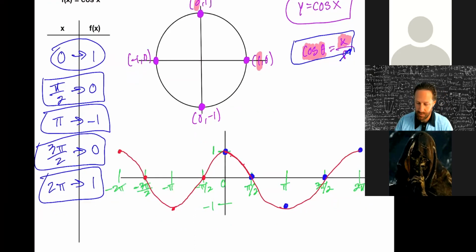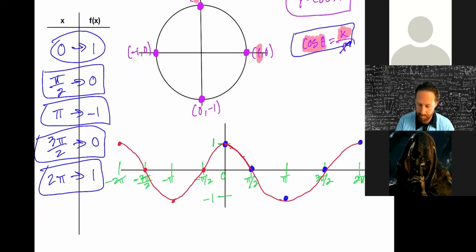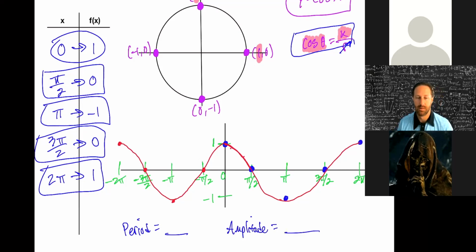So again, those things that we talked about: period, the length of time that it takes to repeat, and the amplitude, the highs and lows. What is the period for cosine? Can you see it?